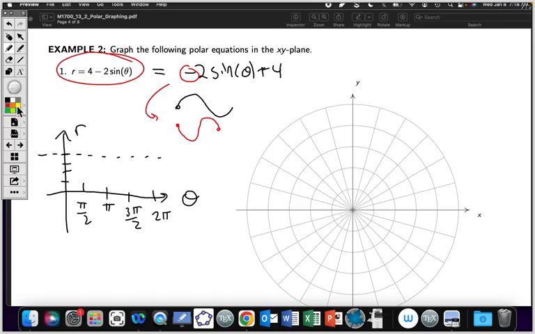So for example, if I look here, I would start here at the middle, and then at pi over 2, I would be at the low point, which would be 2 units away. Right, so this is at 4, and then this is at 2. Then I'd be back to the middle at 4, and then I'd be up at the high point, which would be 2 above the baseline, up at 6.